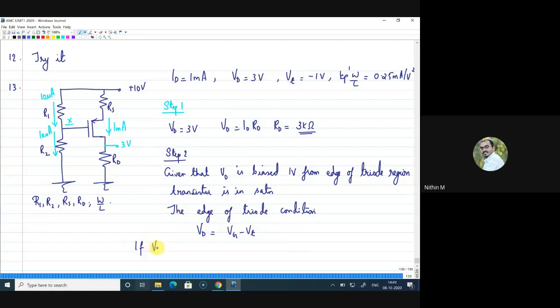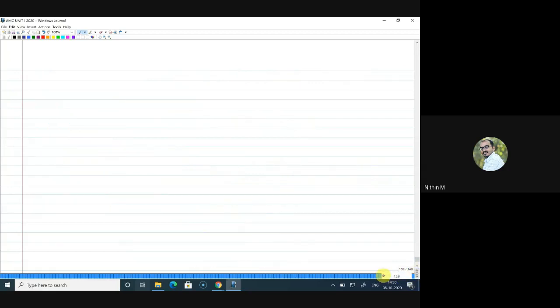Now, VD is biased 1 volt from this edge. I have taken VD plus 1 equal to VG minus VT. Right, I'll explain that. Since VD is biased 1 volt from the edge of saturation, the condition is VD plus 1 is equal to VG minus VT.